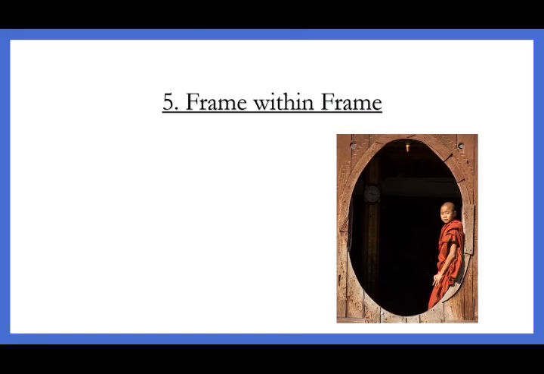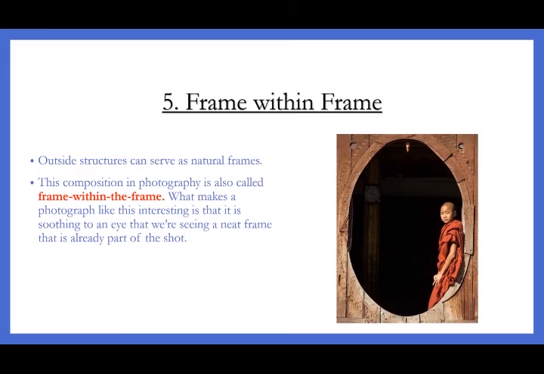Frame within frame. As in the example of the picture here, the outside structures can serve as natural frames. This composition in photography is also called frame within the frame. What makes a photograph like this interesting is that it is soothing to the eye that we're seeing a neat frame that is already part of the shot.